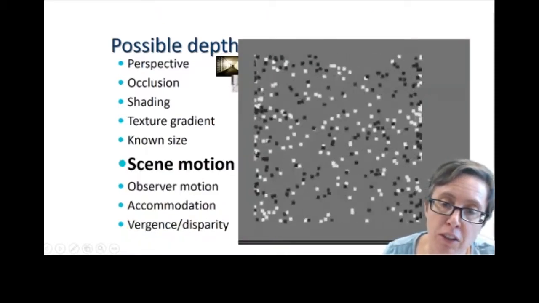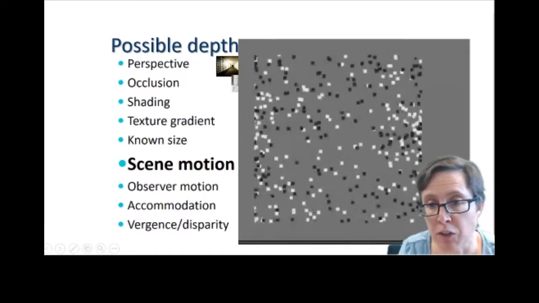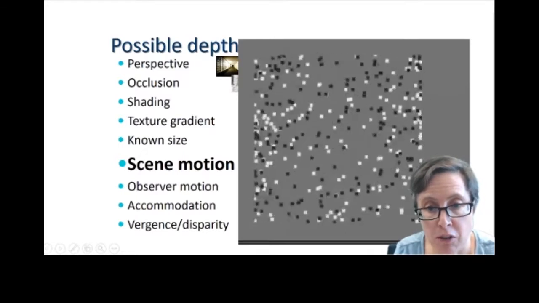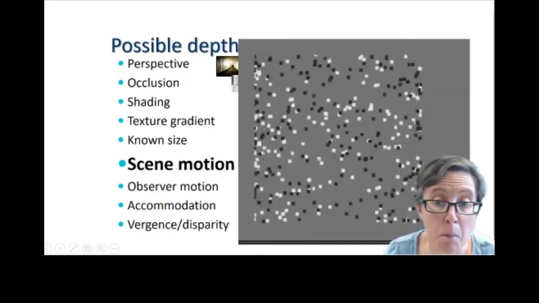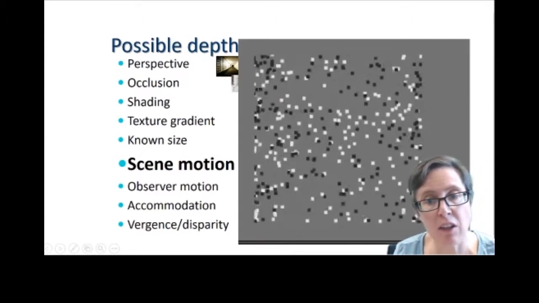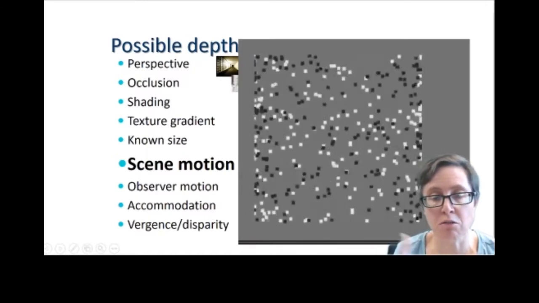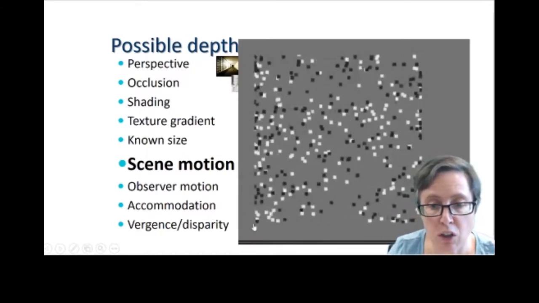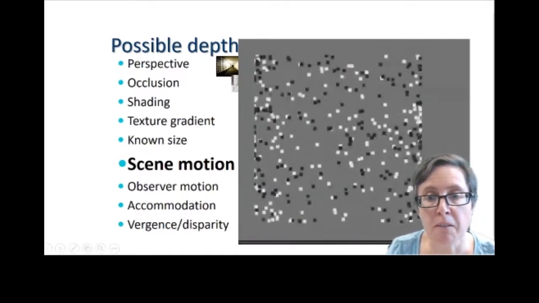This is an interesting example where what we actually have is a set of little dots moving from left to right across the screen with a sinusoidal velocity profile. But what you probably see, what I certainly see, is something like a transparent cylinder with white and dark dots on it, and it's rotating round and round. And you can see it either going clockwise or anti-clockwise, and it'll kind of spontaneously flip for you.